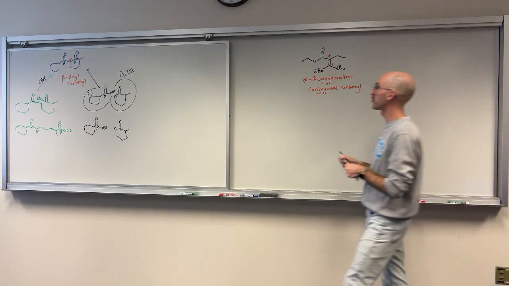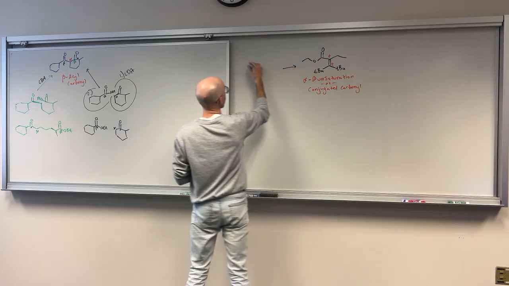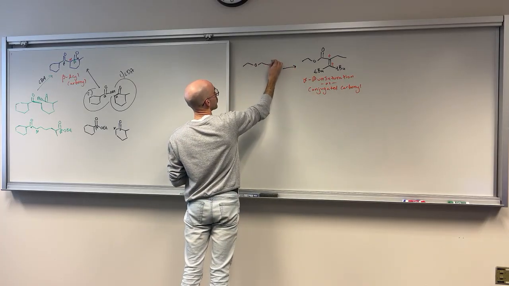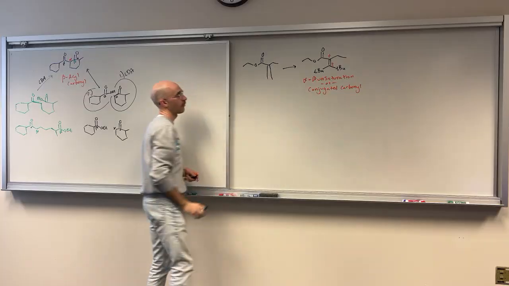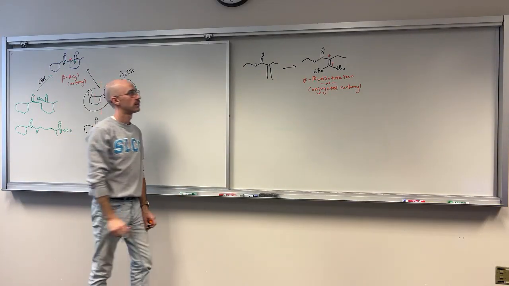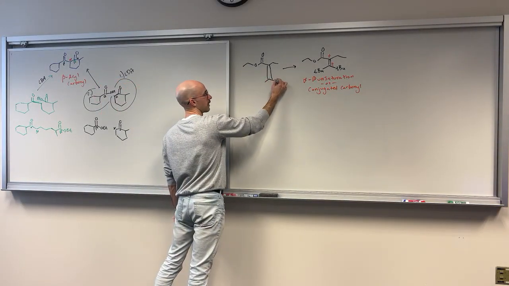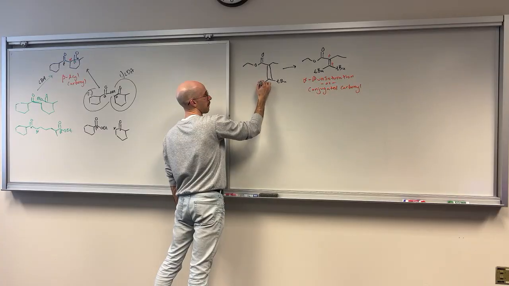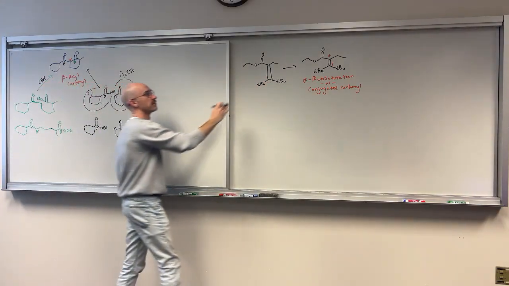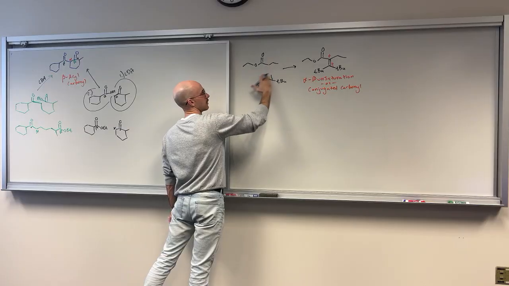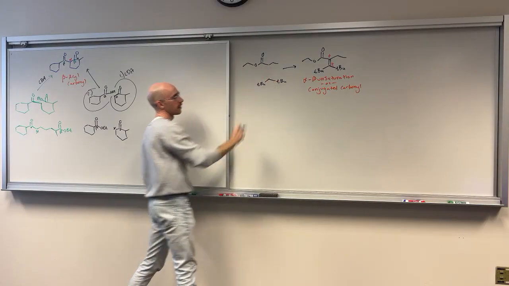So when I retrosynthesize this, what am I going to do? Redraw the starting material, exaggerate that alpha-beta double bond, and do what? Cut it. Erase it. What do I do from here?